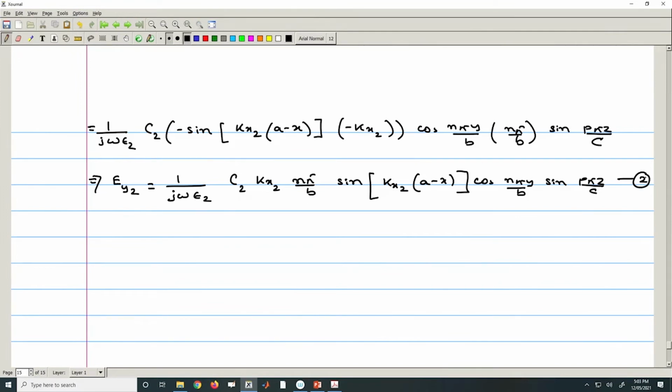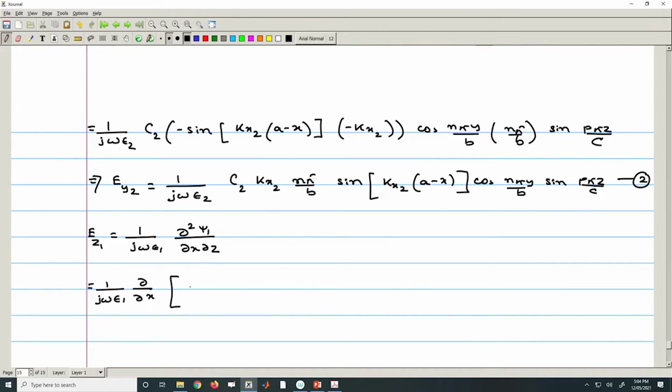Now, Ez1. Ez1 will be 1 upon jωε1 del square psi 1 del x del z. So this will be 1 upon jωε1 del x of, we will differentiate with respect to z.